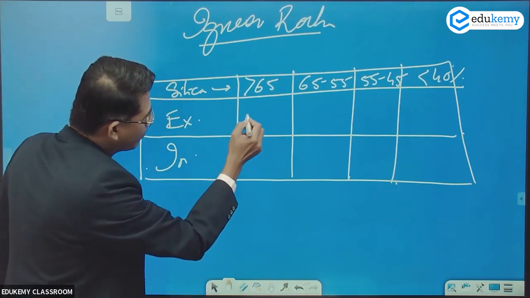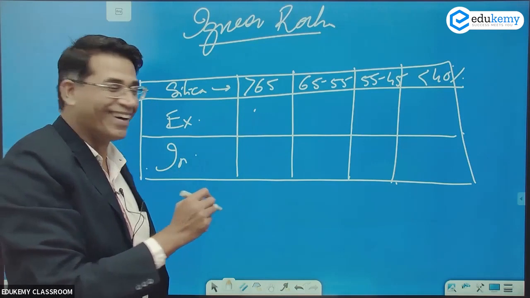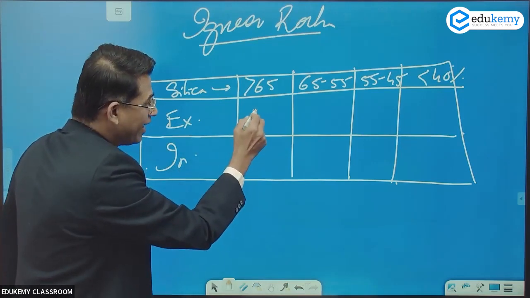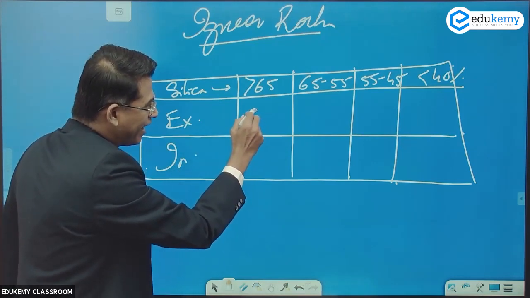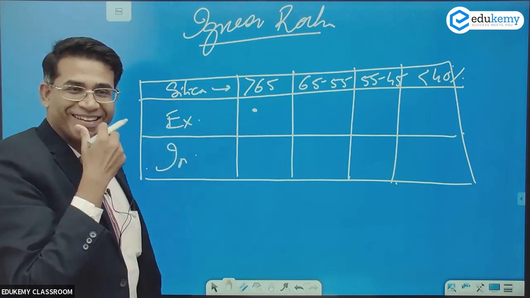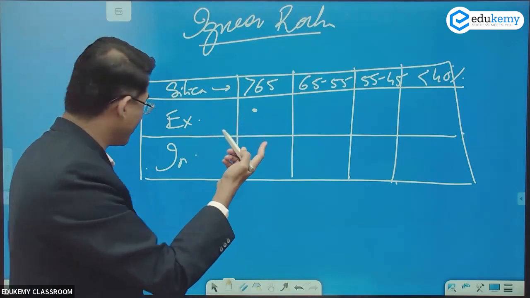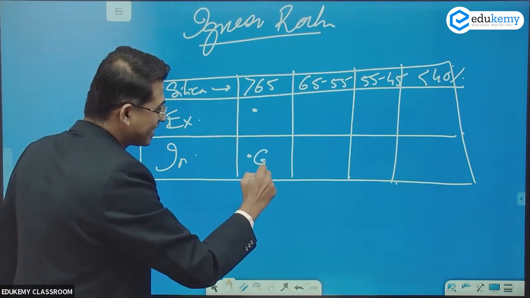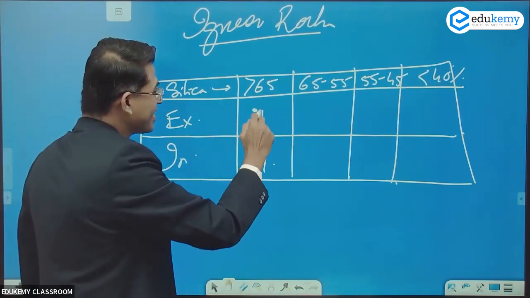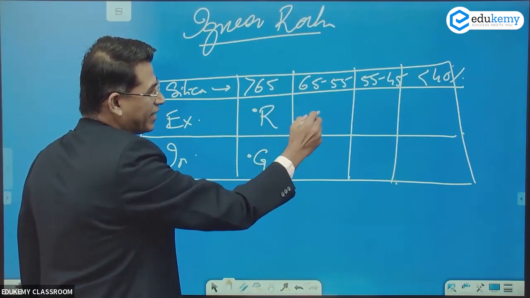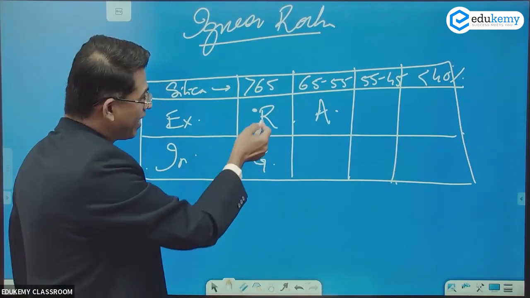Okay, and what will come here? R will come, G will come, R will come, G will come. Yesterday I was testing you guys, so today there will be no mistakes. This is G, this is R. What will come here? This is A. And I said, you remember RG?